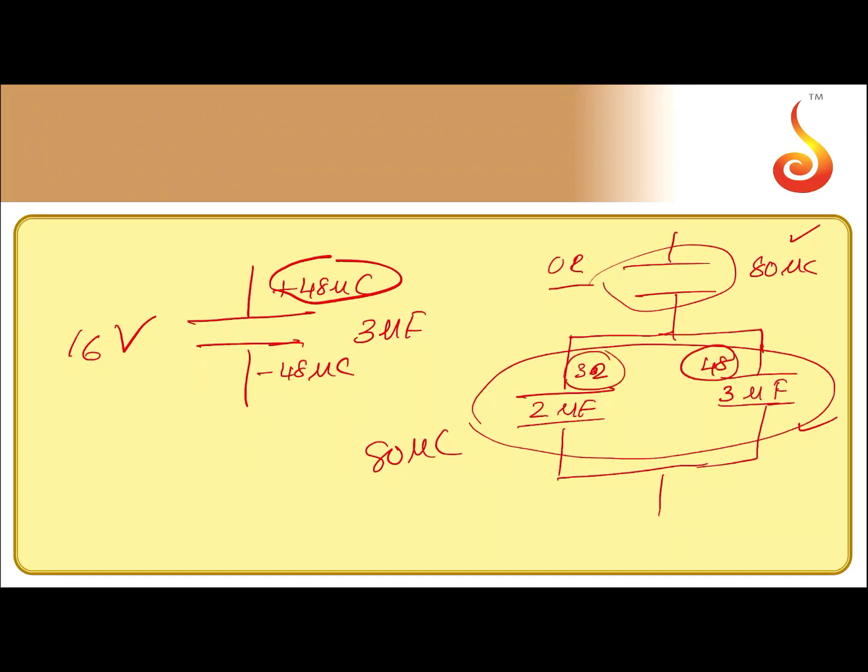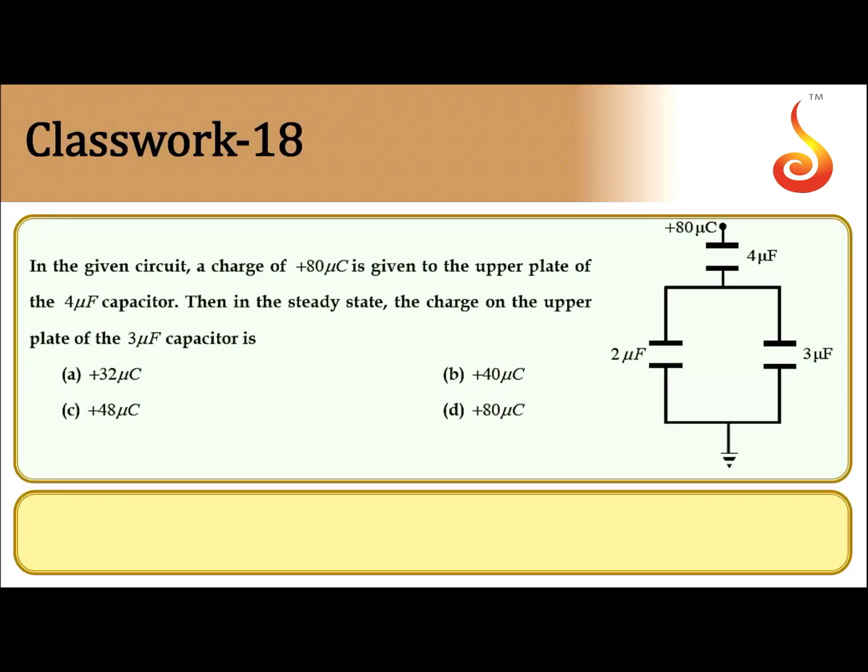Is that correct? You can check it for yourself. If I divide 80 in the ratio 2:3, I get 32 and 48. And thus the charge on the top plate happens to be 48, that is 48 microcoulomb. So the answer is the charge on this plate happens to be 48 microcoulomb.